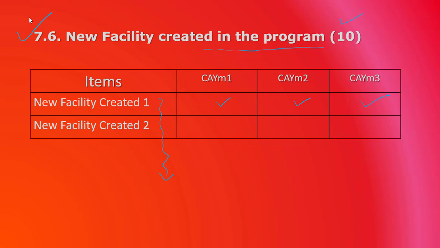So if the things were accomplished under Criterion 4 and the same data is placed here under Criterion 7, and Criterion 4 is taken care of smoothly and properly, then there should not be any issue in Criterion 7. So with that, we finish our discussion today.